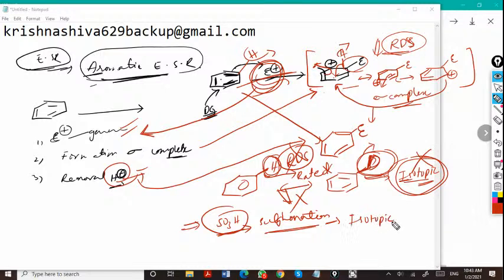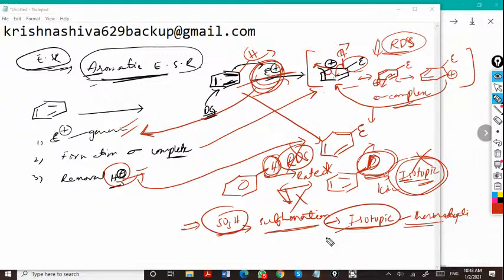Except for this, no electrophilic substitution reactions are going to give an isotopic effect. In sulfonation, the rate of the reaction changes because it is a thermodynamic process. Only sulfonation is a thermodynamic process, and all the others are kinetic processes.